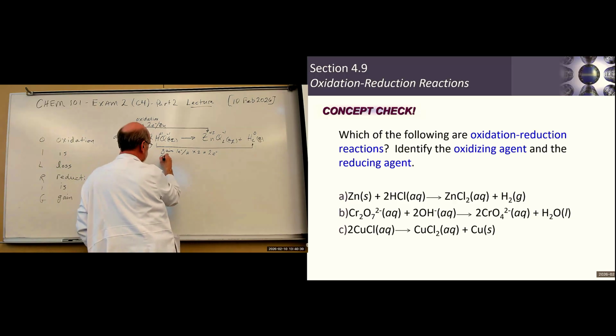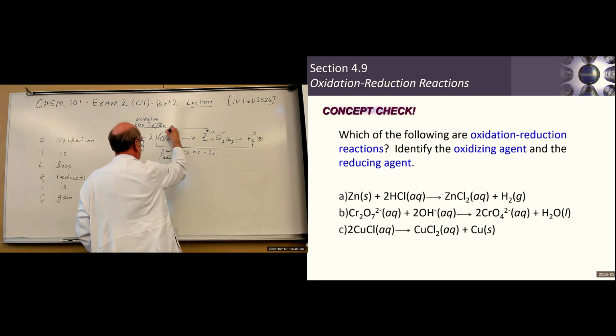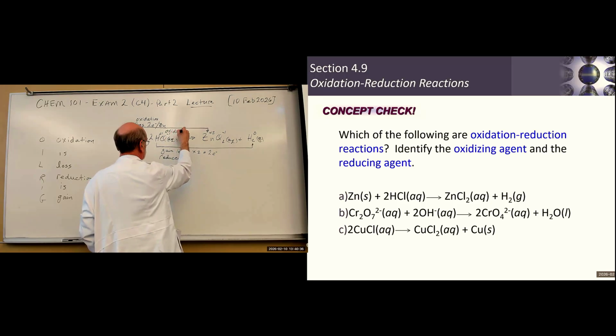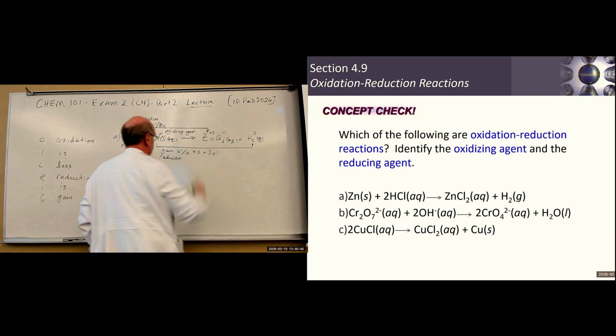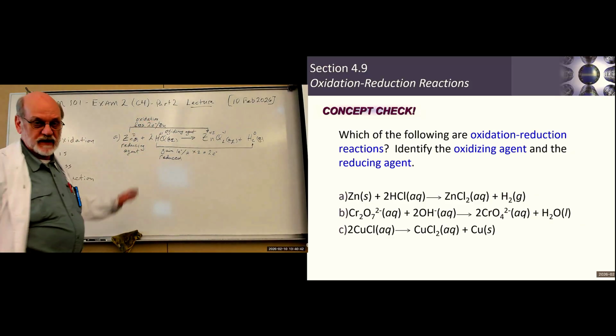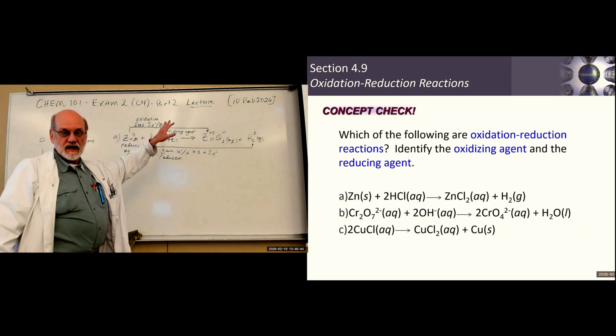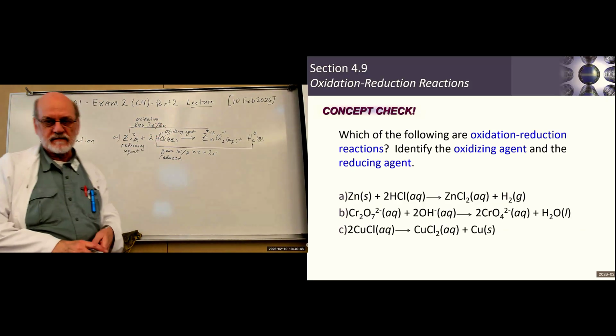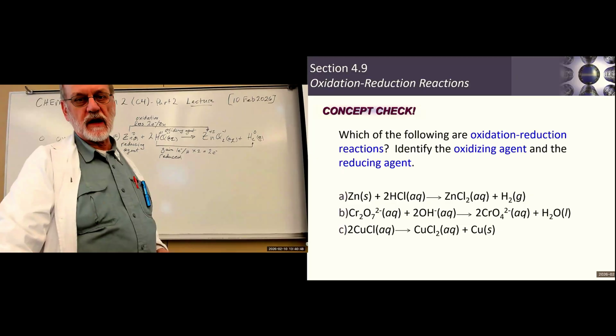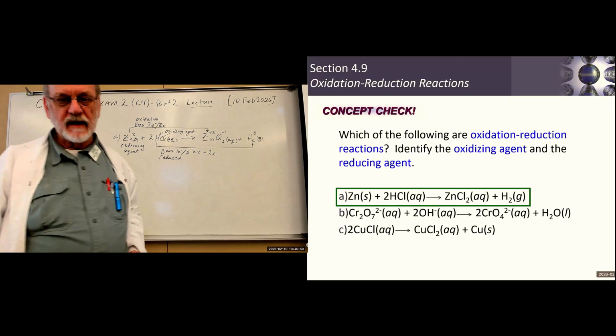And this one was reduced, which makes it the oxidizing agent. So this one is an oxidation reduction reaction, and we've identified the reducing agent and the oxidizing agent.